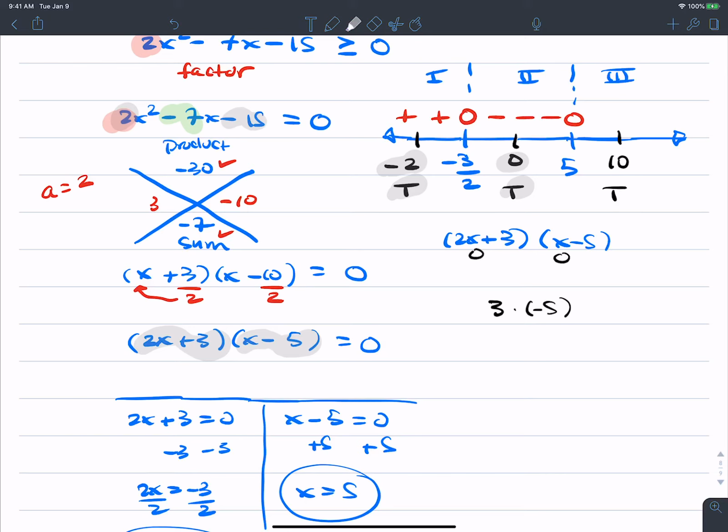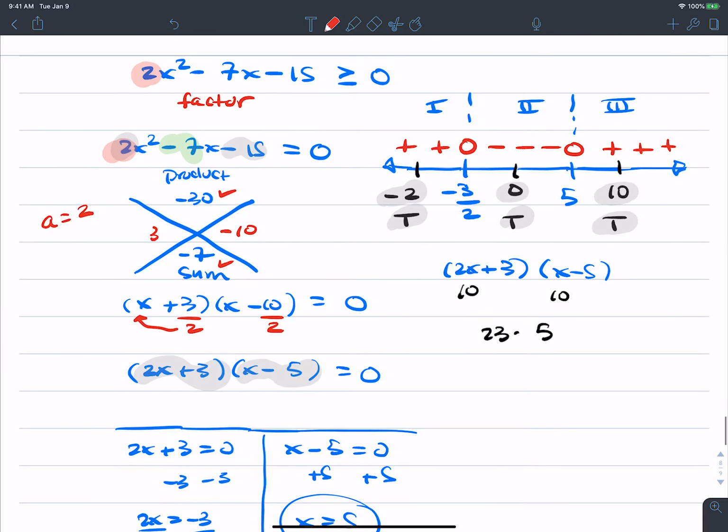We're now going to test +10. So when I test +10, 2 times 10 is 20, plus 3 gives you 23. 10 minus 5 is 5, so a positive times a positive gives me a nice positive region here. So this is sign analysis.